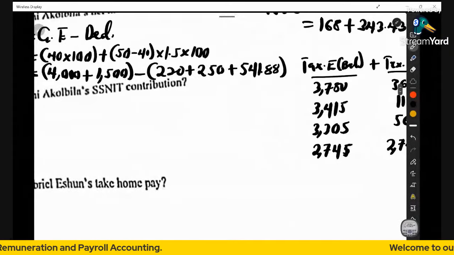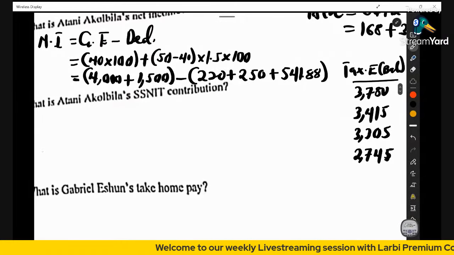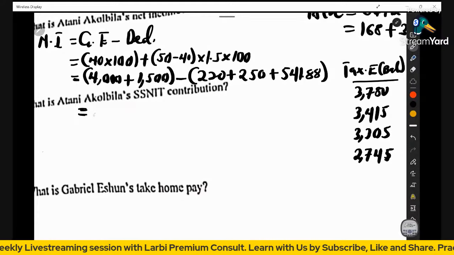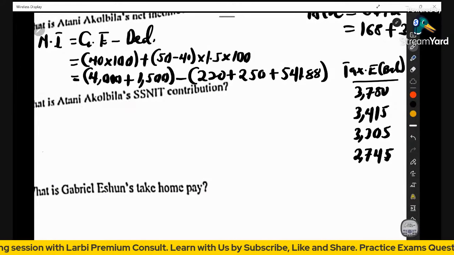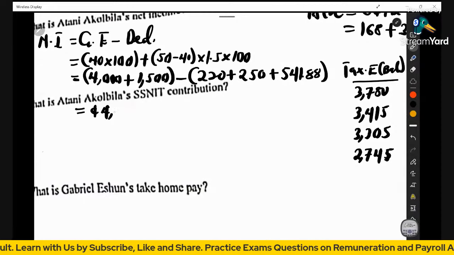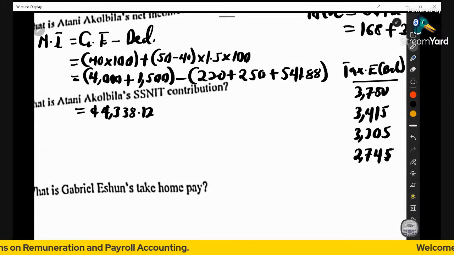In this particular case, when you add and subtract, I had the net income that the attorney must pay to be equal to 4,338.12.